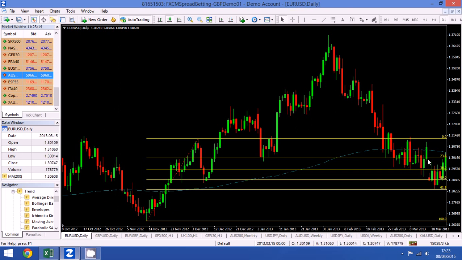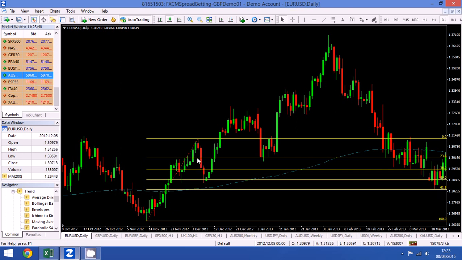We have 23.6%, which is usually the first and the least significant Fibonacci level. Then we have 38.2%, 50%, which is not a true Fibonacci number, but it is usually considered, and I'll be using it as the same in this analysis. And then 61.8%.